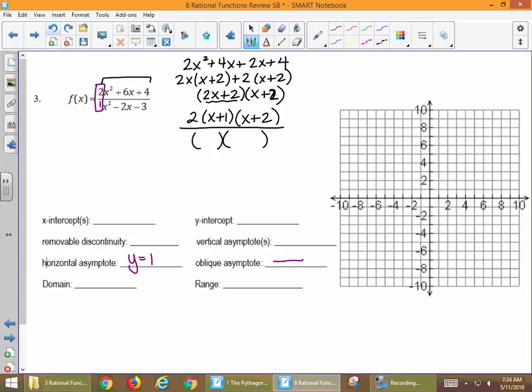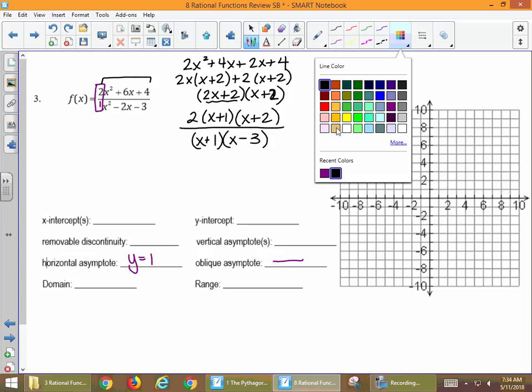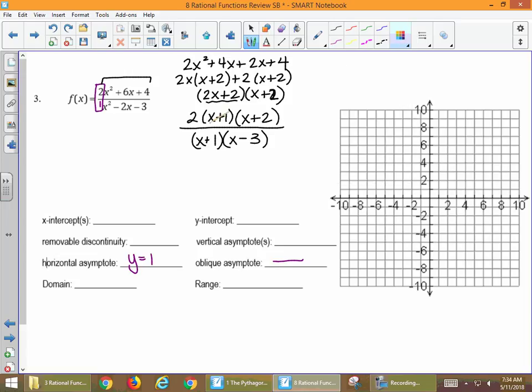So my factors of 3 are 3 and 1, and to get -2 I need -3 and +1. So that gives me another piece of my puzzle here. X plus 1 is going to be my removable discontinuity, which means that that is going to happen at -1, and I'll use my calculator to find that y value.